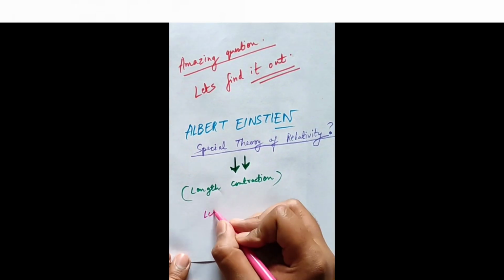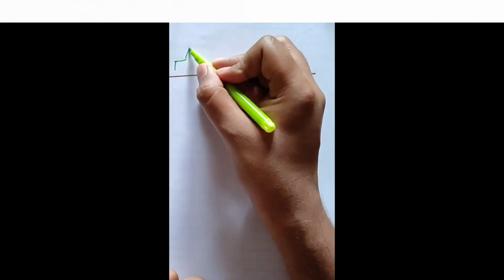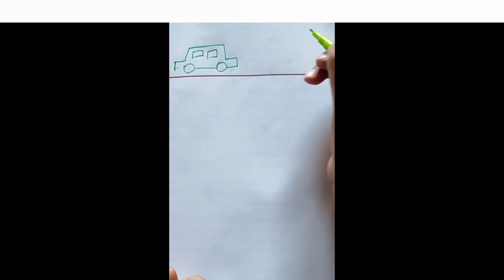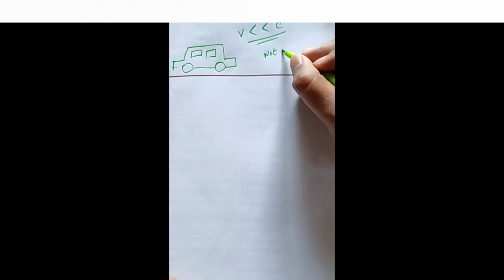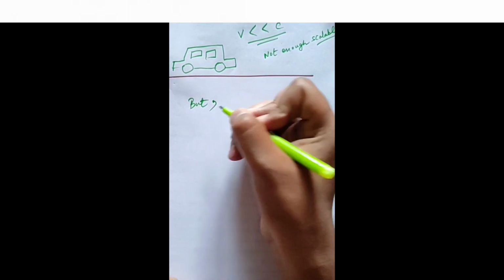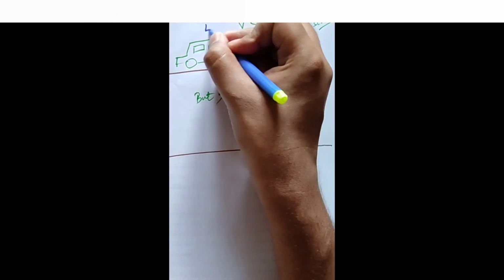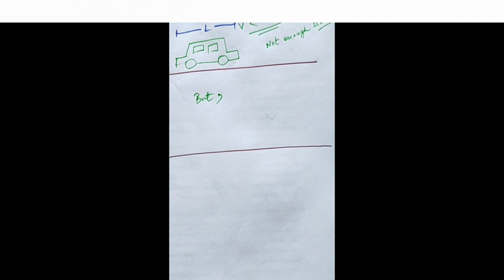Let me explain. Imagine a car moving at a velocity much less than the speed of light. Not enough length contraction would be seen. But imagine a car moving at a speed comparable to the speed of light.